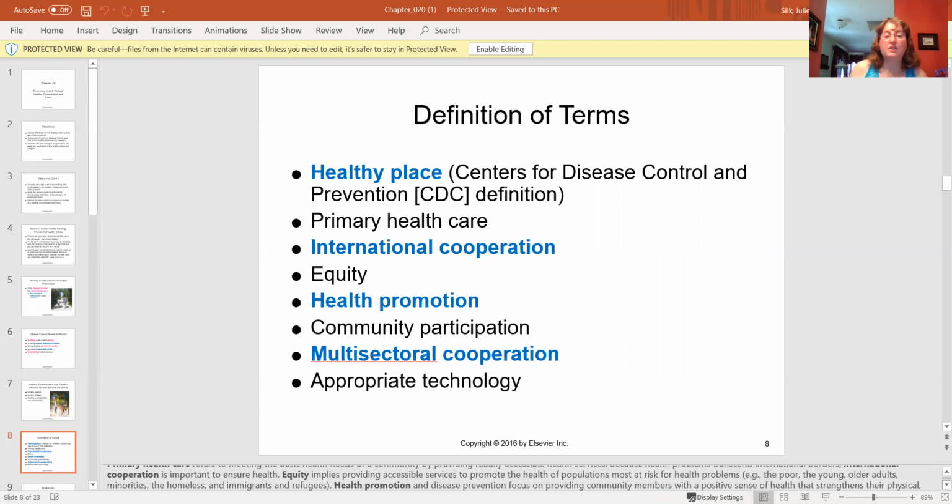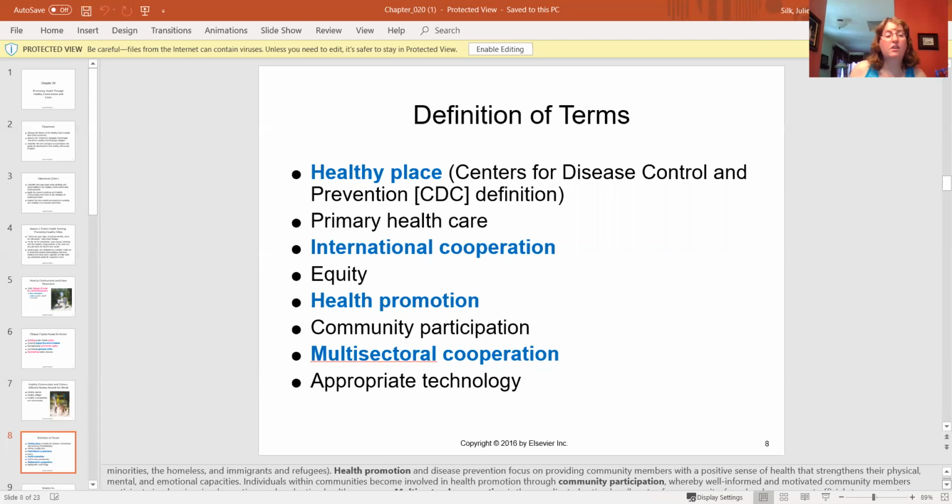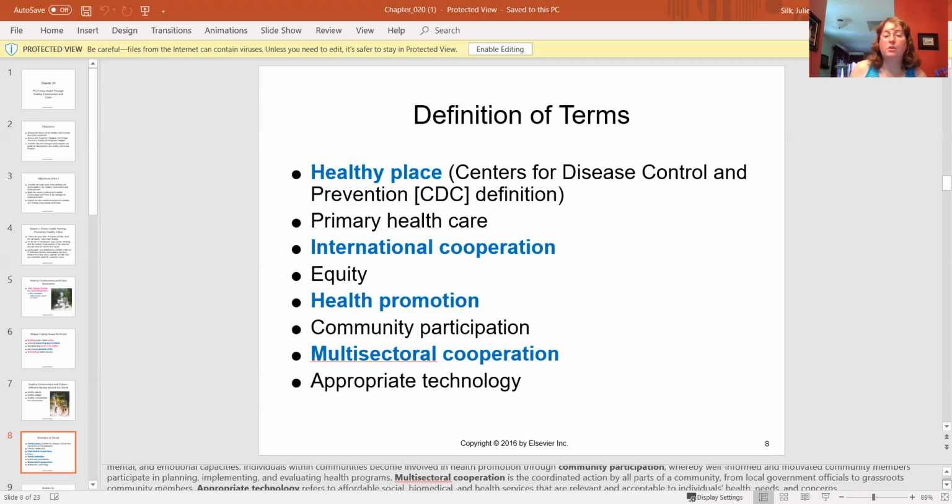Health promotion and disease prevention focus on providing community members with a positive sense of health that strengthens their physical, mental, and emotional capacities. Individuals within communities become involved in health promotion through community participation, whereby well-informed and motivated community members participate in planning, implementing, and evaluating health programs.